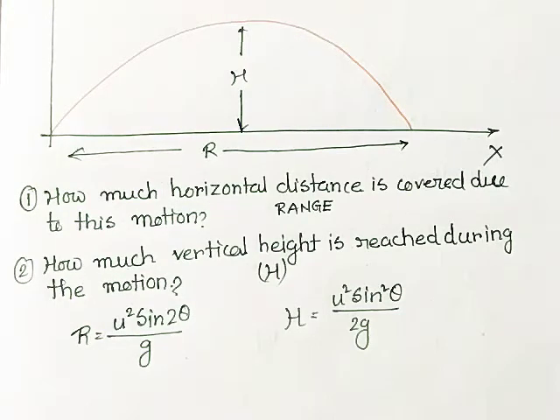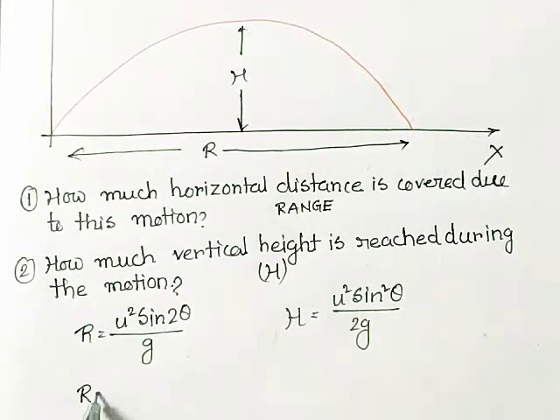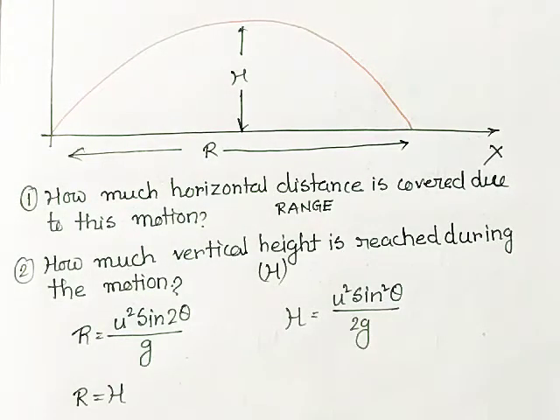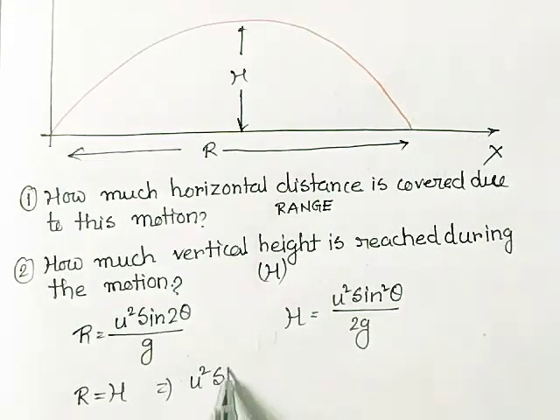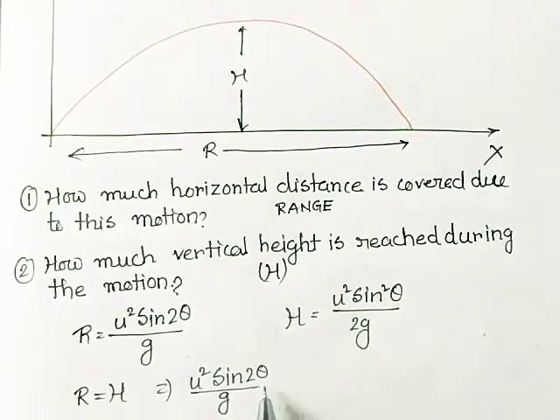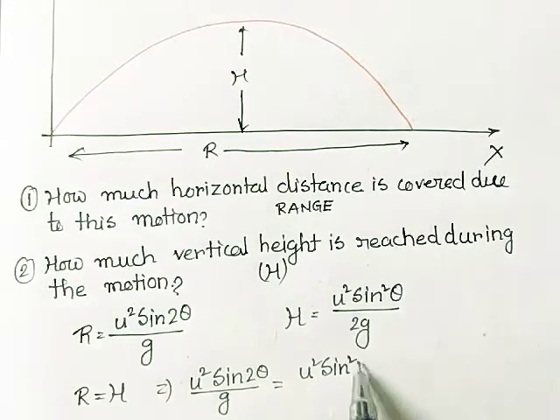Basically these conditions are applied later in different scenarios of numericals. So if we say the range and the vertical height are equal, then what will it give? It will give u square sine 2 theta divided by g equal to u square sine square theta divided by 2g.